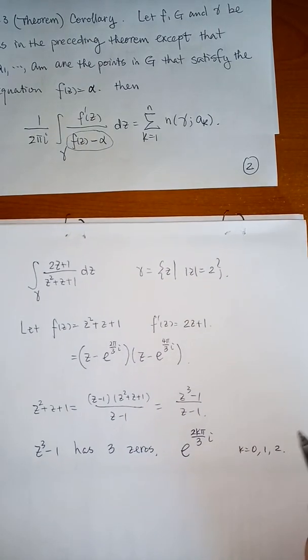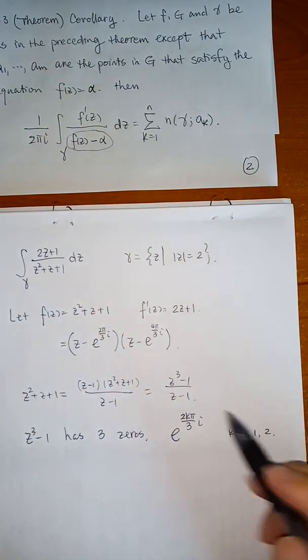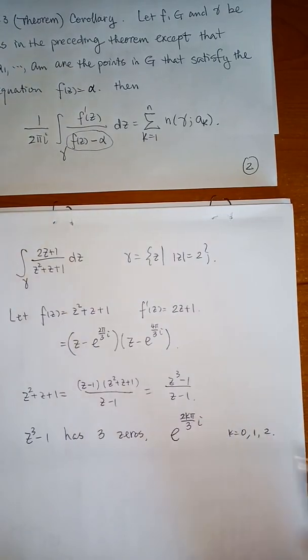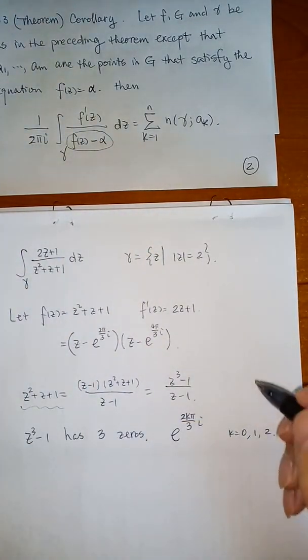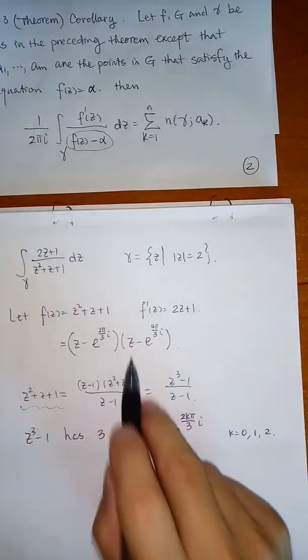It is the unique real zero. When k is 1, you get this one. When k is 2, you get this one. So if you factor this, you will get these two terms.